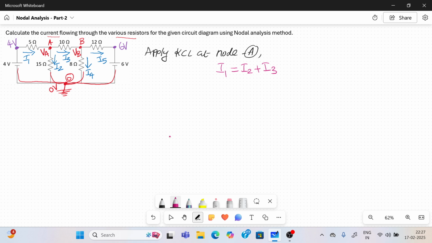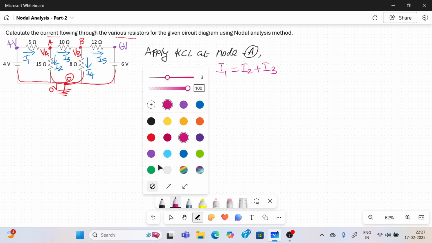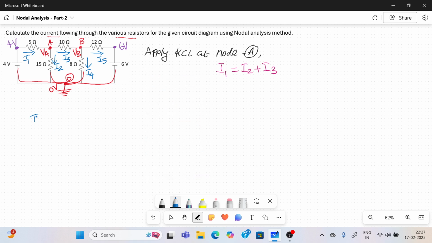Similarly, we have to find out what I1, I2, I3, I4 and I5 are first. What is I1? I1 is the current flowing through the 5 ohm resistance.